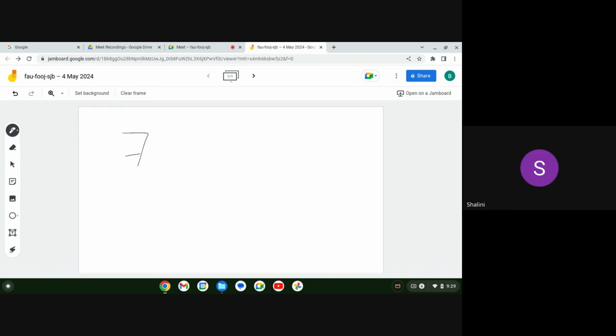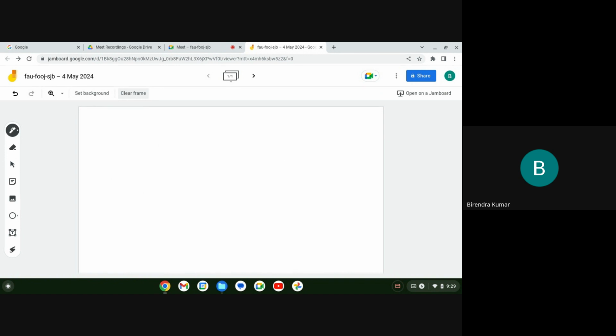Now read this. 7 by 6. 7 divided by 6. So when you read, if somebody says, okay, 15 by 2, divide 15 by 2, when you read that loud and clear, you will know.